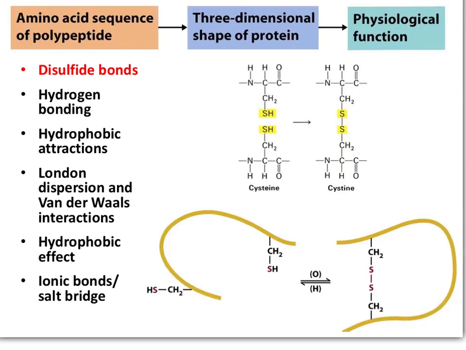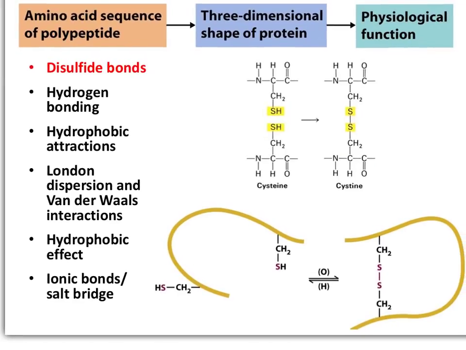If the cysteine residues are within the same polypeptide, when they create the cross-link with the disulfide bond, they will make a loop. If the cysteine residues are in two different polypeptides, the link between them will keep the two chains together as a whole.